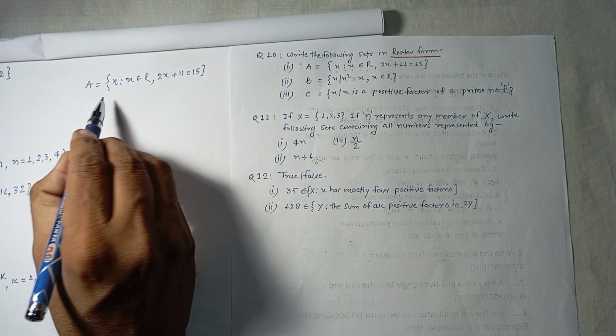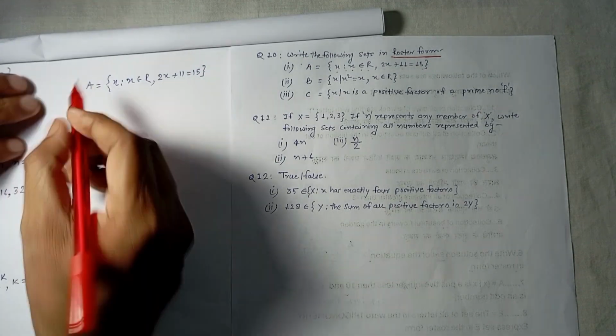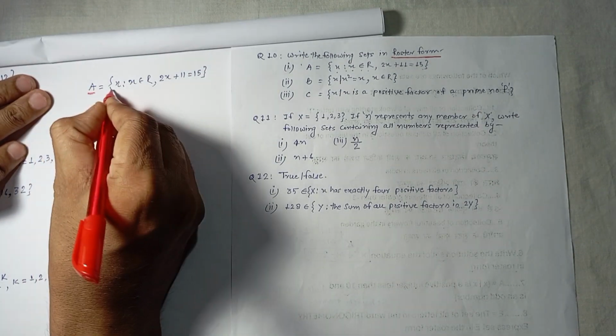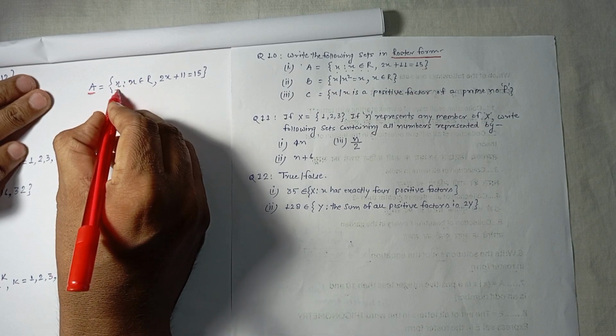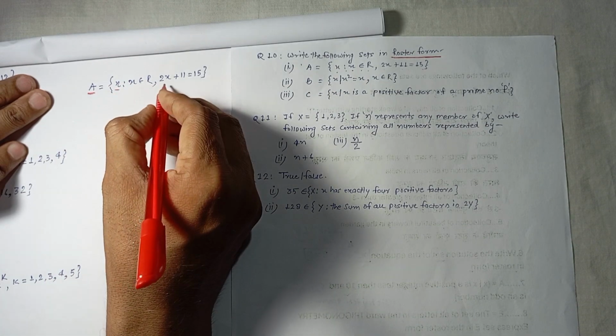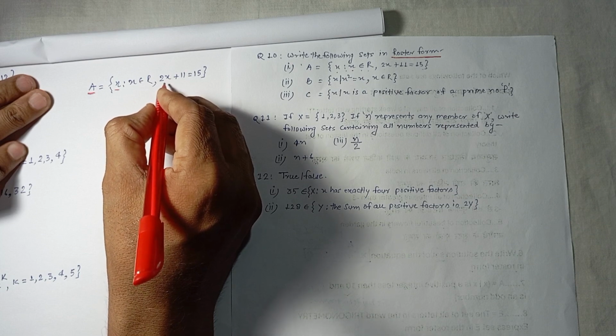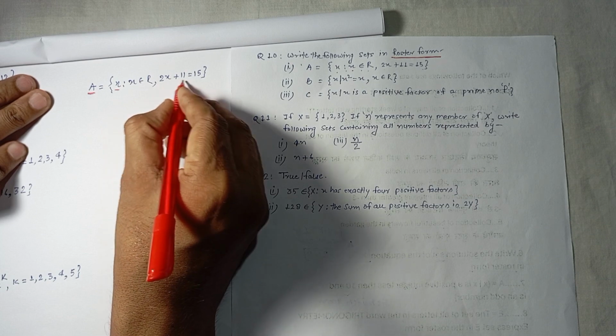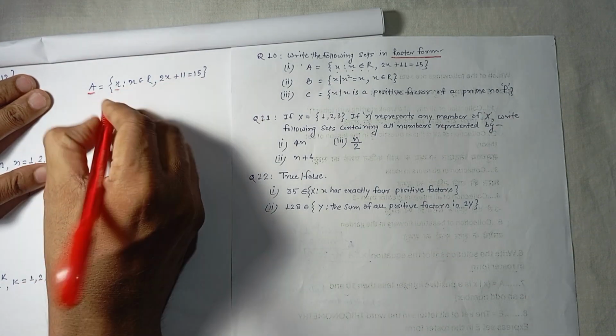Now, here you can see that the element of set A is x, and x is a real number and can be found by solving the equation 2x plus 11 is equal to 15.